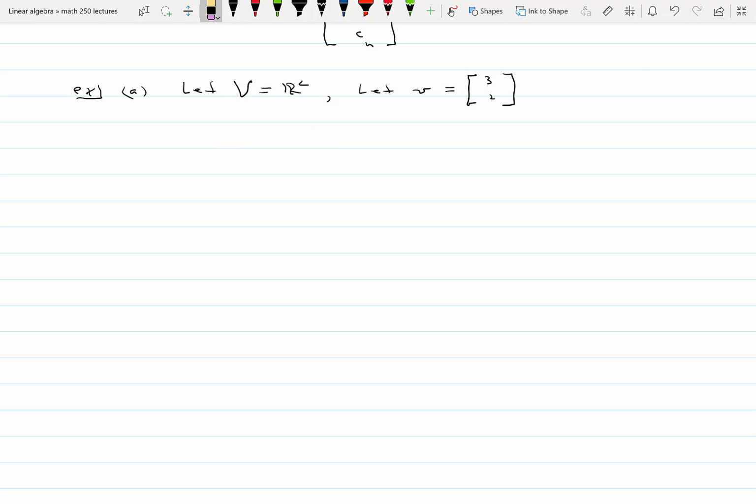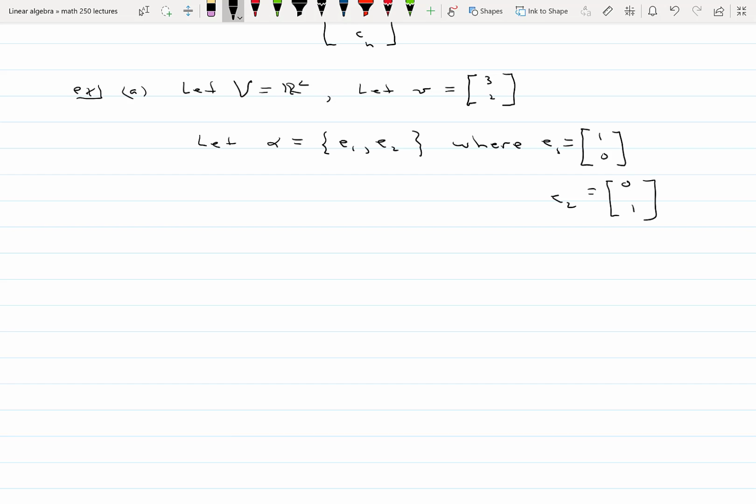Sorry about that. Getting ahead of myself. Let's let alpha be the standard basis vectors for R2. So let's let alpha equal the vectors e1 and e2. A special reminder, e1 is just the column vector whose entries are 1 and 0, and e2 is the column vector whose entries are 0 and 1.